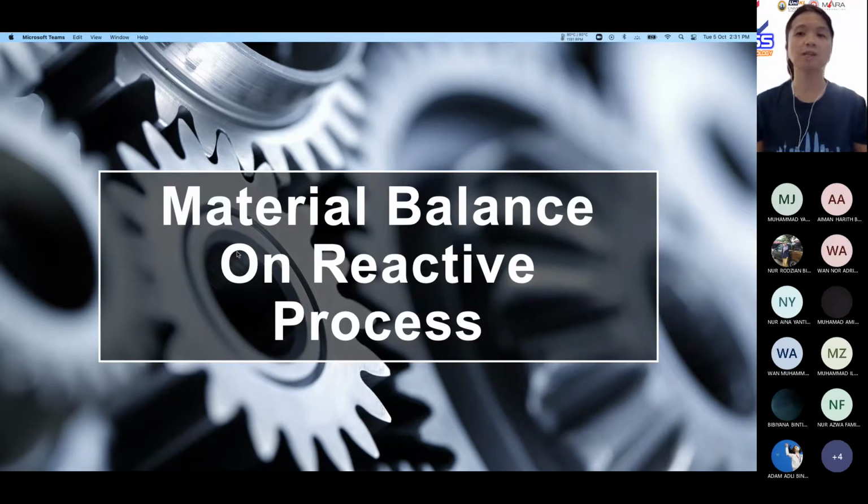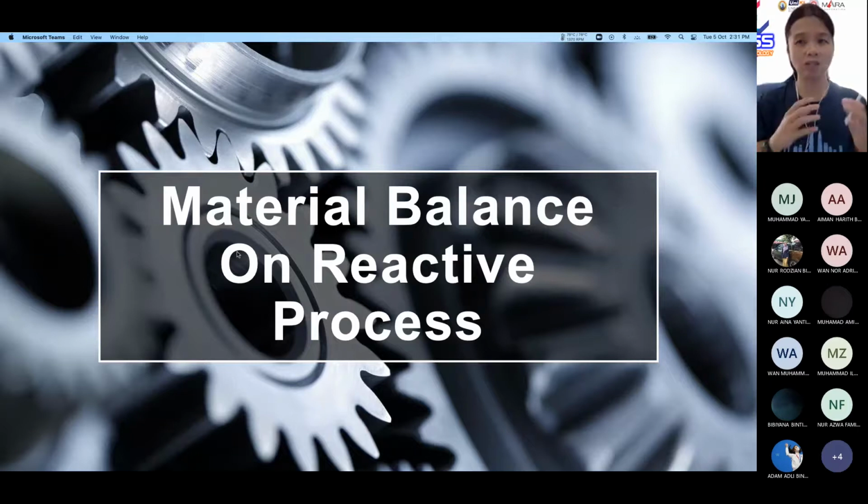As I explained yesterday, you have to really know the difference between mass balance of reactive equipment and non-reactive equipment. What I taught you yesterday was for non-reactive equipment. Please understand this non-reactive equipment includes the auxiliary equipment like pump and compressor.